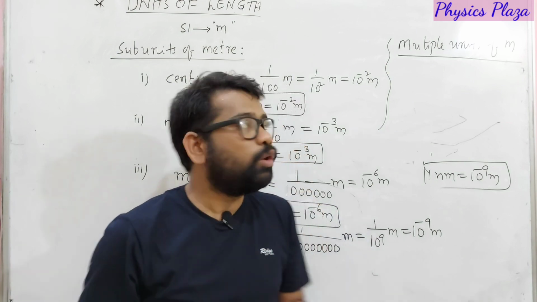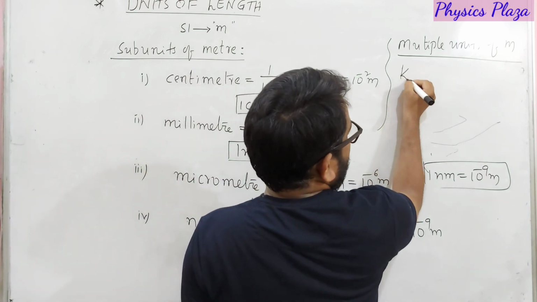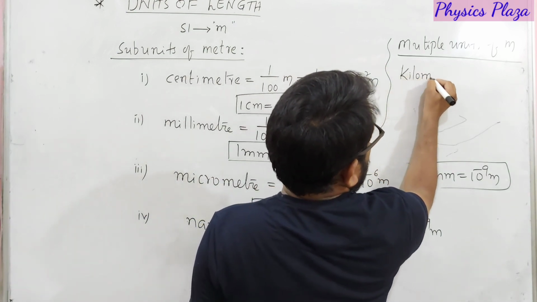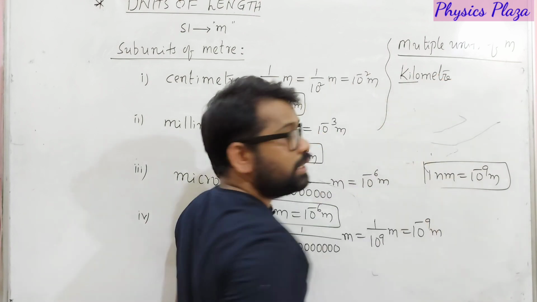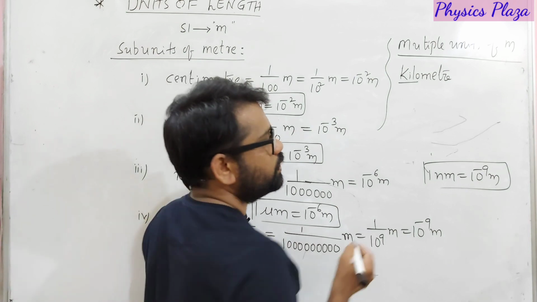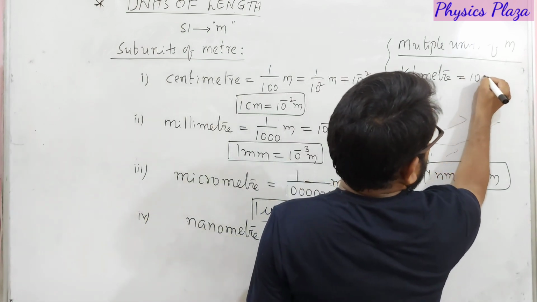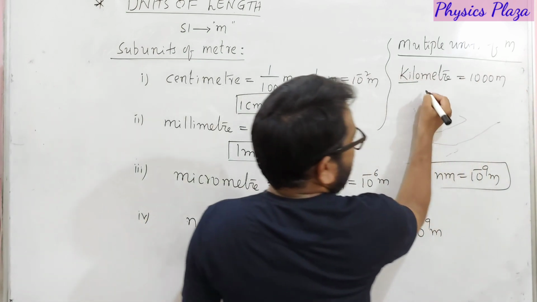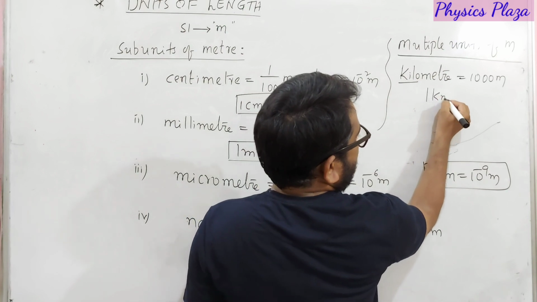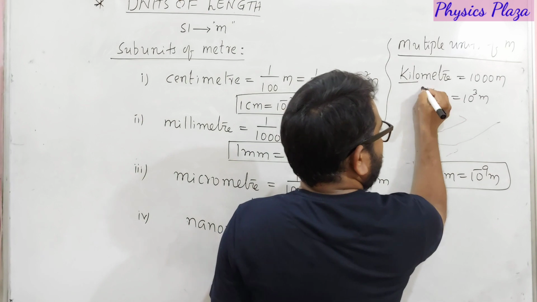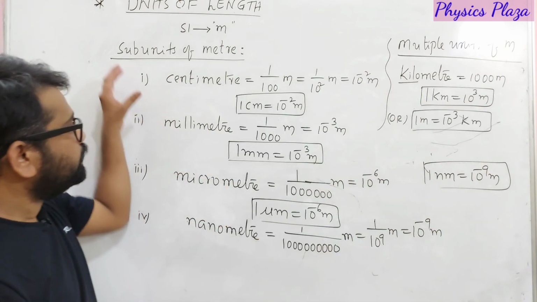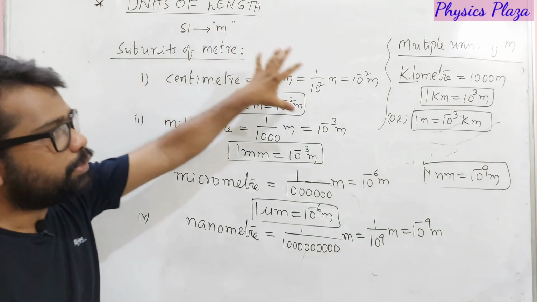There we will be using kilometer. Kilometer is a multiple unit of meter. Kilo is a prefix which we already learned, meaning 1000. So it is 1000 meter, or in shortcut we write 1 kilometer is equal to 10 to the power of 3 meters. Children, these are the subunits of meter and these are the multiple units of meter.